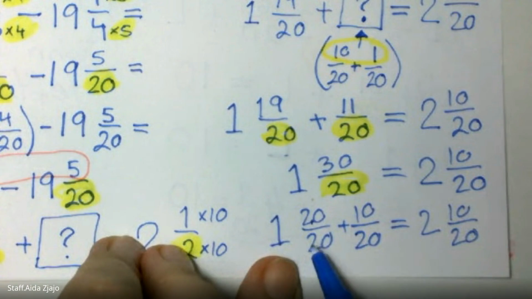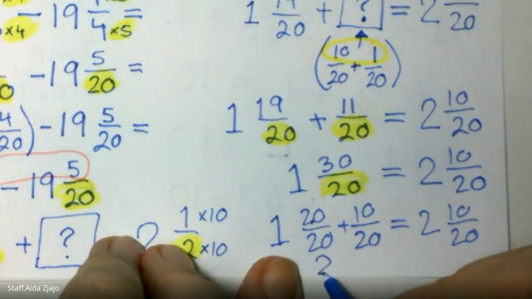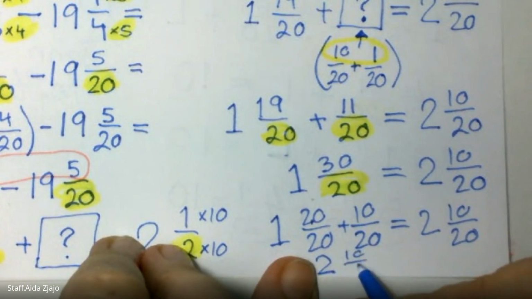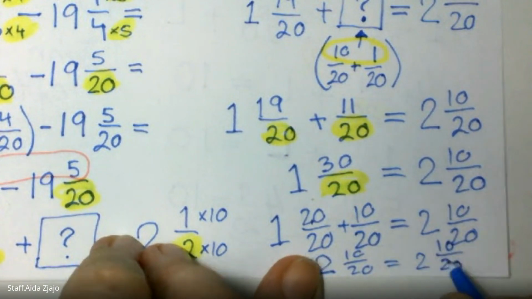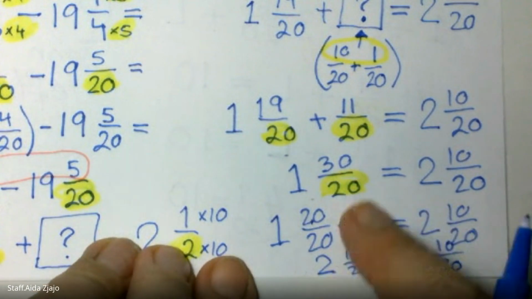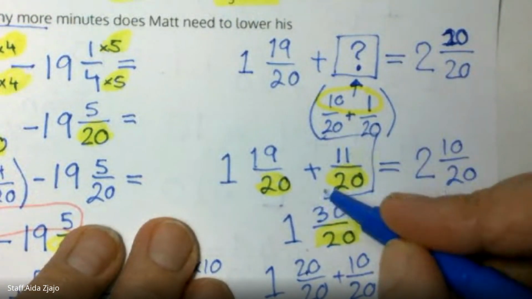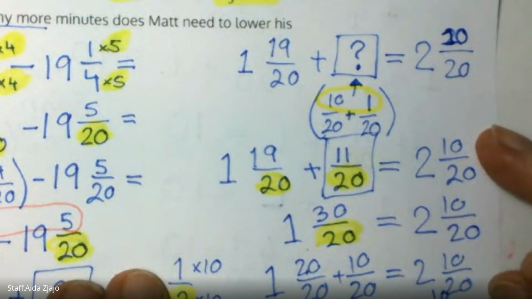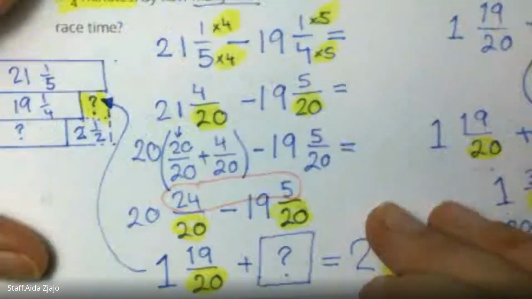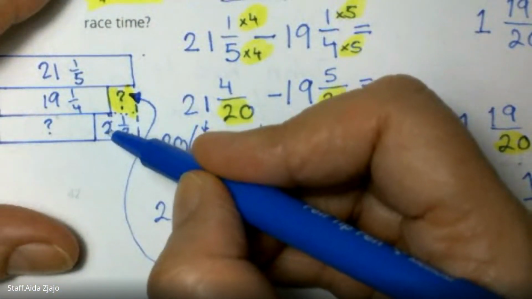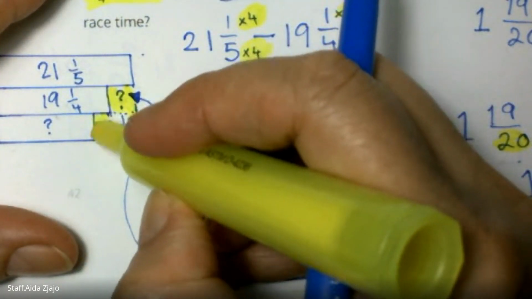Finally, 2 wholes and 10/20 equals 2 wholes and 10/20. So we proved our answer: our missing number is 11/20, and that's how much more time he needs to lower.